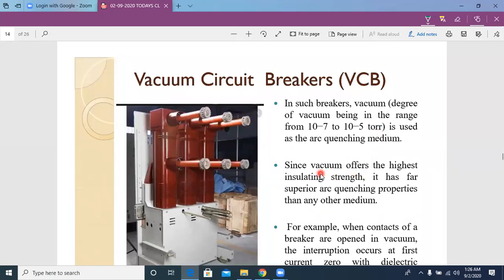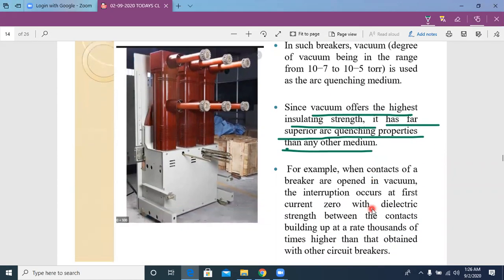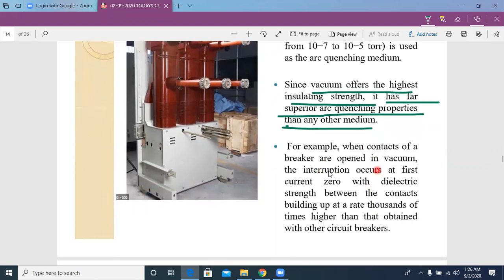Since vacuum offers the highest insulating strength, it has a far superior arc quenching property than the remaining mediums like air or SF6. When we open the contacts in a vacuum, the interruption occurs at first current zero, with dielectric strength between the contacts building up at a rate thousands of times higher than that obtained with other circuit breakers.